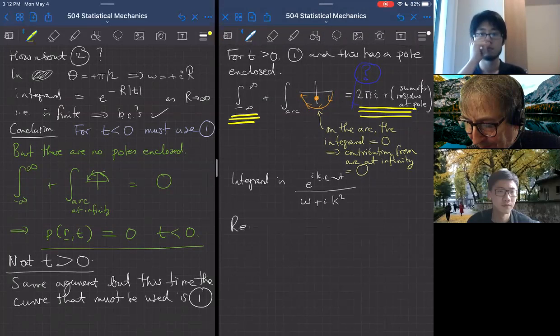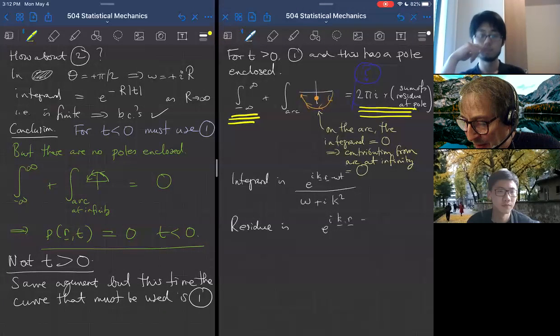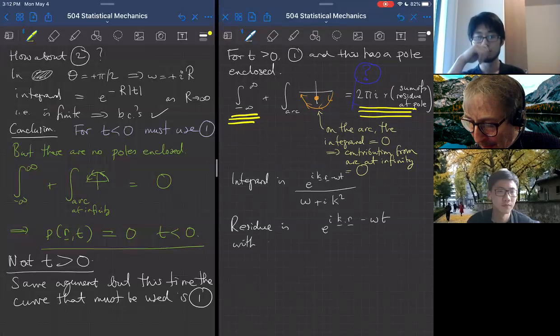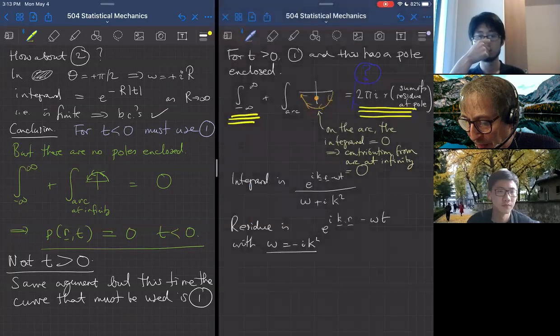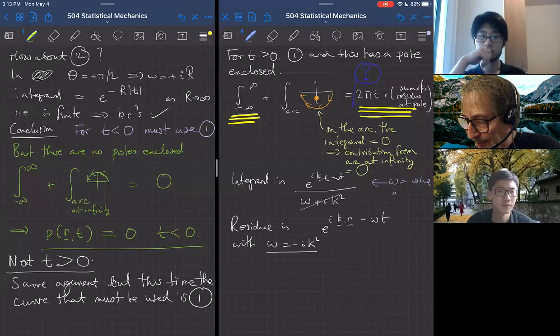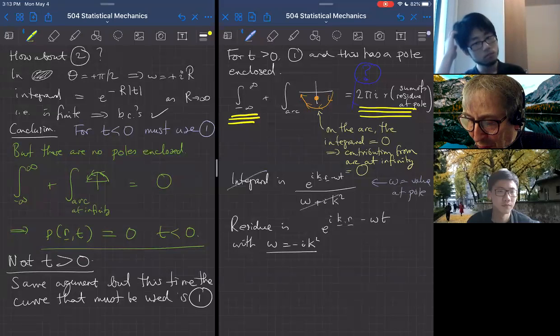It's a first order pole, so it's just e to the I k dot r minus omega evaluated at minus ik squared times t. So to take the residue, you take the pole, and then you just simply cross out the pole, and then you set omega equal to the value at the pole, and that then gives you what the residue is.